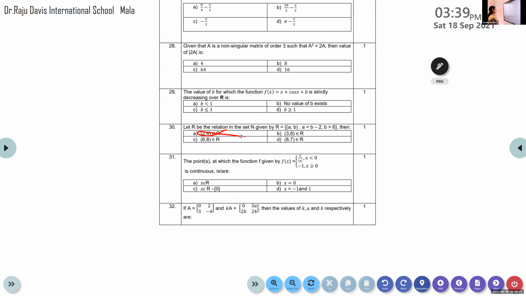Krishna Chandran, what is the possible answer here? What will be the answer? D. Is a equal to b minus 2 the condition satisfying there?